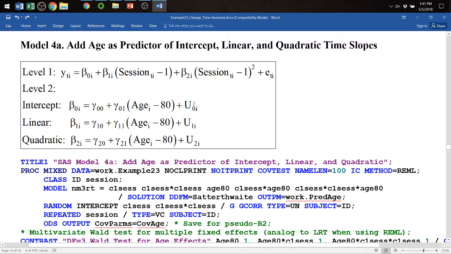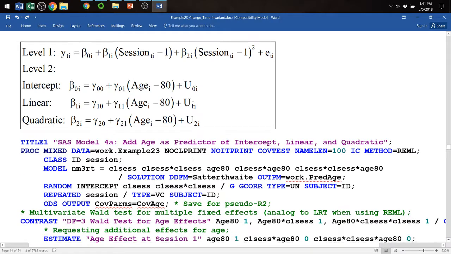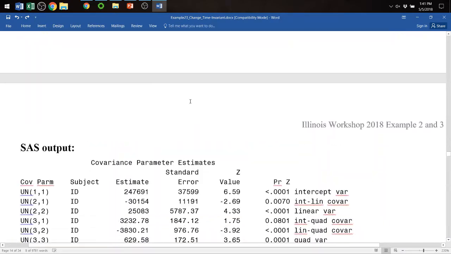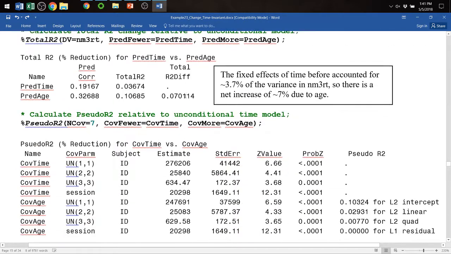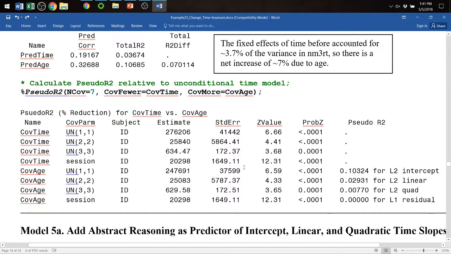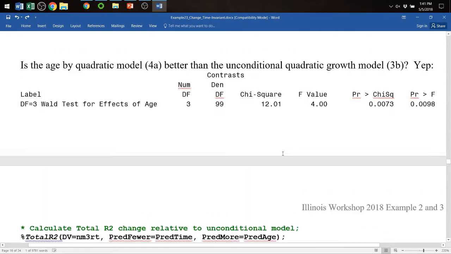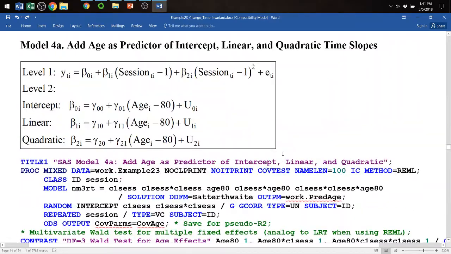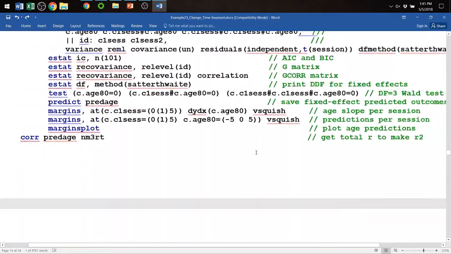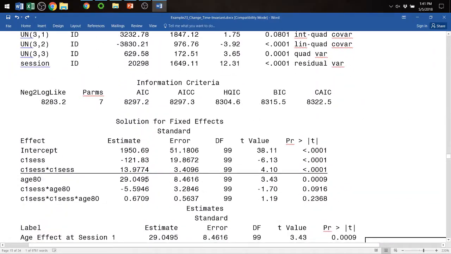Intercept variance should be reduced to the extent that age matters. And that is down the output a ways, but to foreshadow that, yep, 10%. So yes, there's a significant effect of age on the intercept. That effect of age on the intercept accounted for 10% of all intercept differences between people.